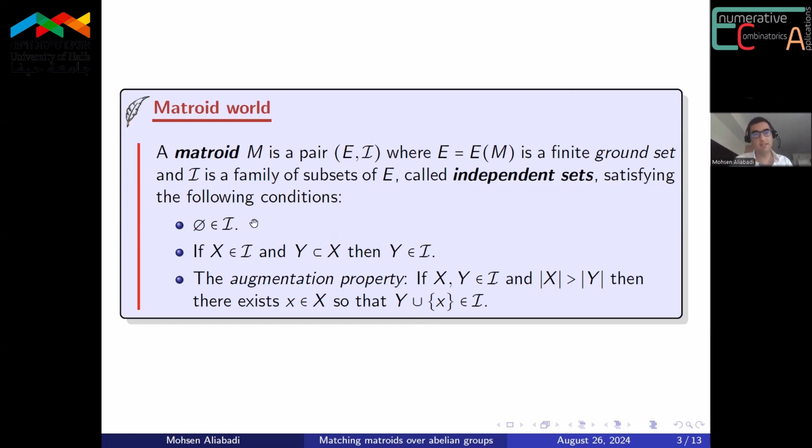First, we contain the empty set. Second, every subset of an independent set must be independent. And the third axiom is the augmentation property. That is, when we are dealing with two independent sets, one smaller, one larger, then we can always extend the smaller one.